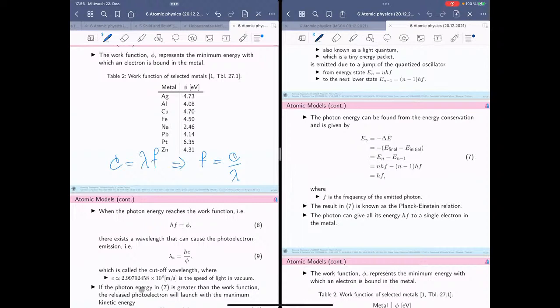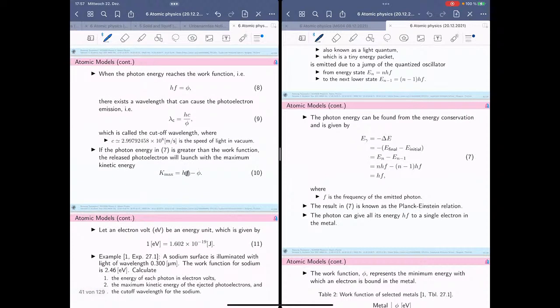If the photon energy in 7 is greater than the work function, the electron will be released from its original atom, and that's called a photoelectron. The released photoelectron will launch with a maximum kinetic energy, the difference between the photon energy and the work function.